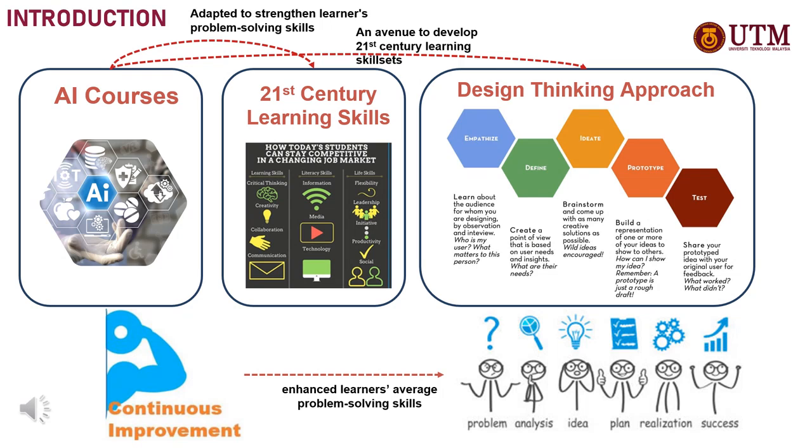With the advancement of multidisciplinary technology in 4IR, learners must prepare to become a skillful future workforce and graduates ready as demanded by the employers and industries. A skill set of 21st century learning, such as critical thinking and creativity, can be adapted in this AI course and can strengthen learners' problem-solving skill.